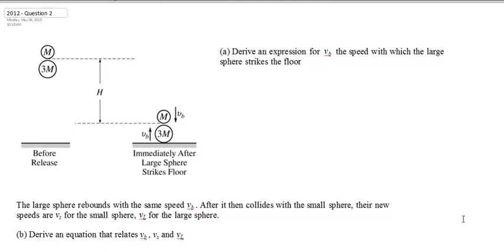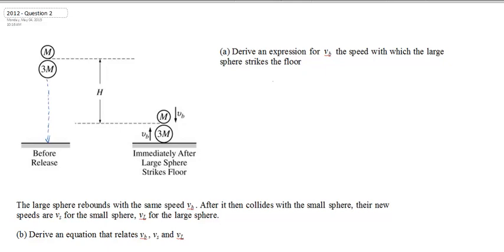Okay, so for the first part, derive an expression for VB, the speed with which the large sphere strikes the floor. That part we're only talking about the trip down. Now, since this is constant acceleration, it is gravity, you could use a kinematic equation for this. I am going to use conservation of energy, though.